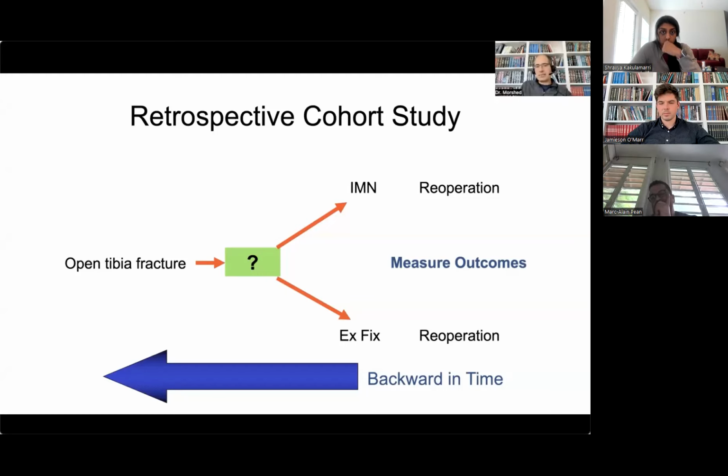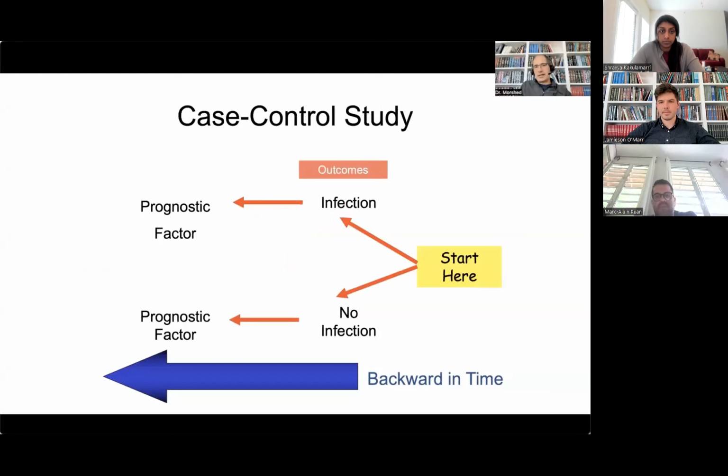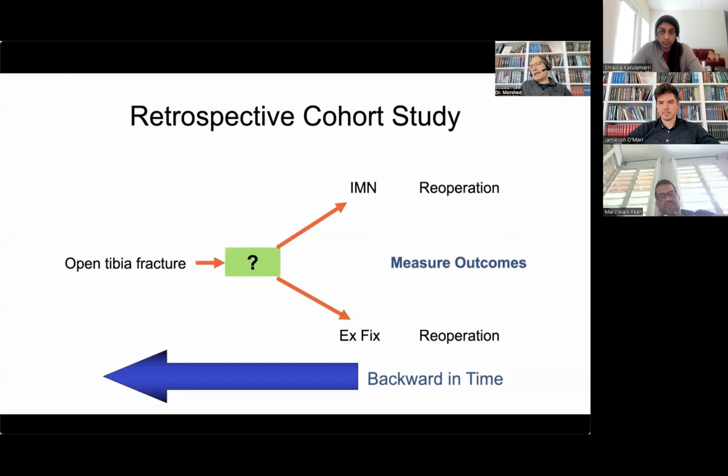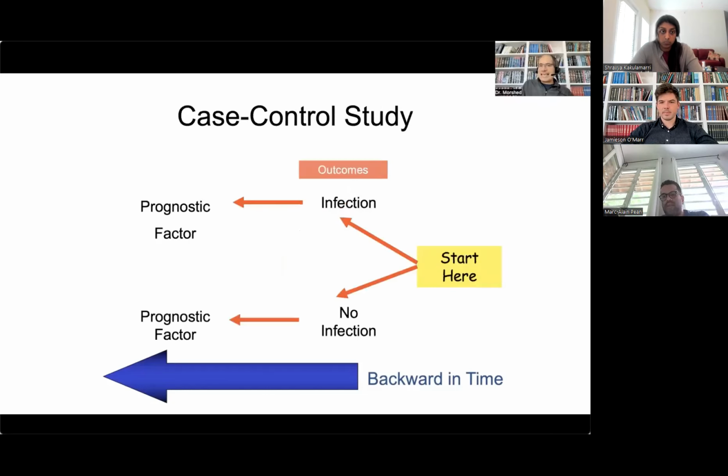And we go back in time and we identify various risk factors and run an analysis, again, taking into account potentially confounding factors when we try to understand the superiority of one or the other treatment. This is a different type of study design than a case control.